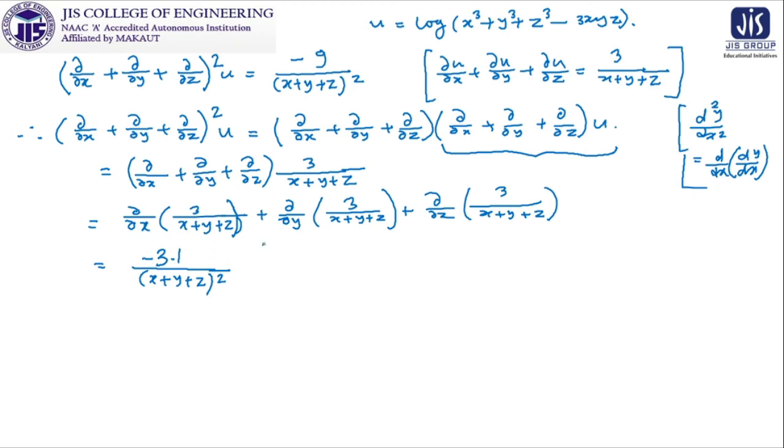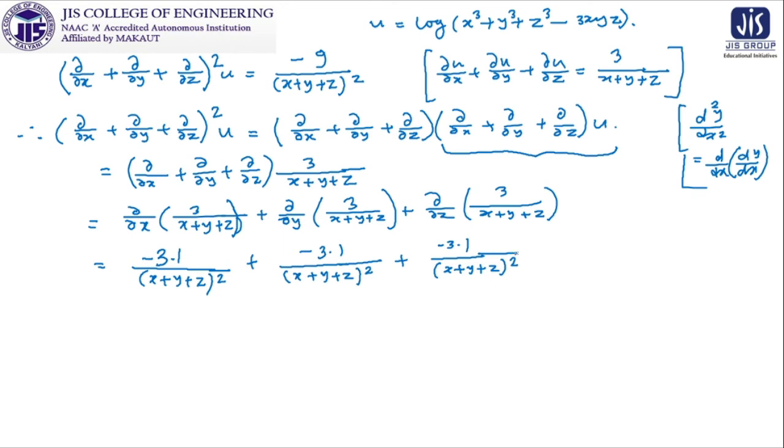If it is clear, then we can proceed to the next part, and the same logic will apply because it is a symmetric expression in x, y and z. So it will be again x plus y plus z whole square, and we can write it as minus 3 into 1, and similarly it is also minus 3 into 1 by x plus y plus z whole square.